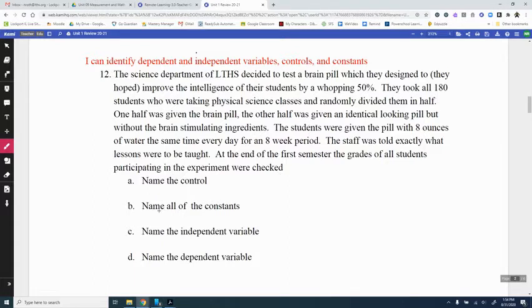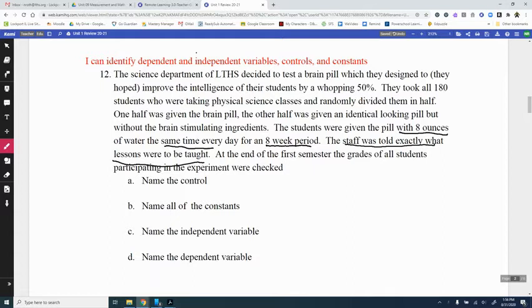Okay, so the constants are, again, anything that stays the same. Anything that stayed the same in this experiment is a constant. Some of the explicit constants that we used in this experiment were the students were given the pill with 8 ounces of water at the same time every day for an 8-week period, and the staff was told exactly what lessons were to be taught.